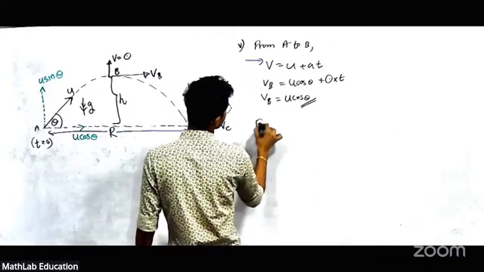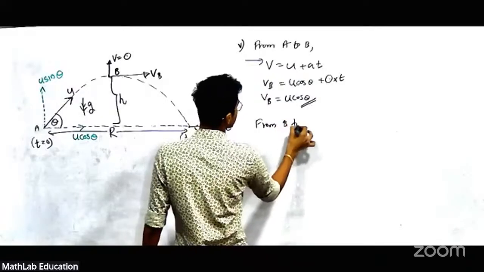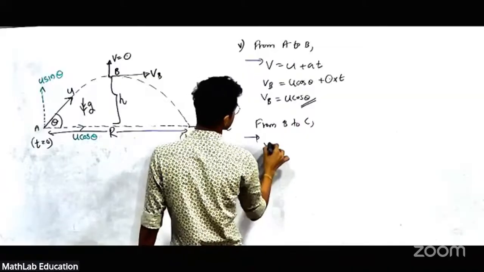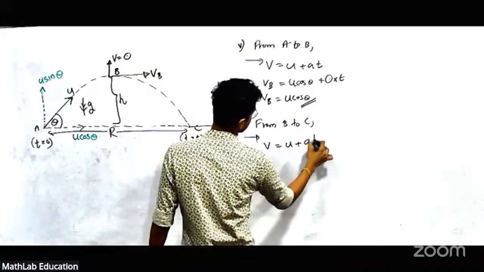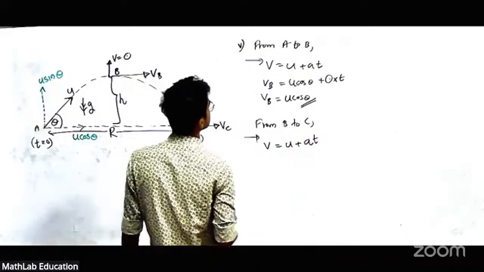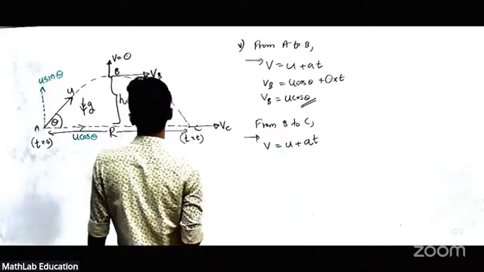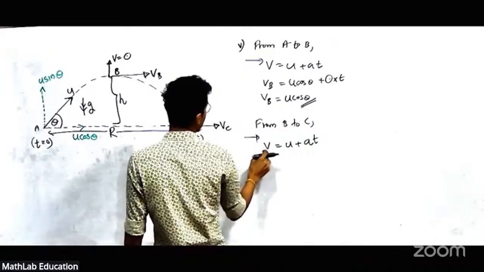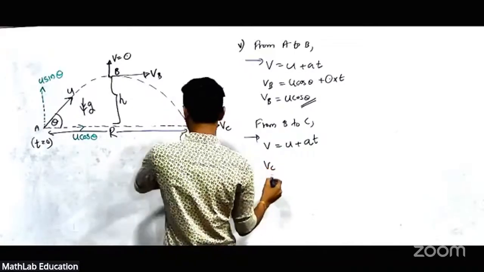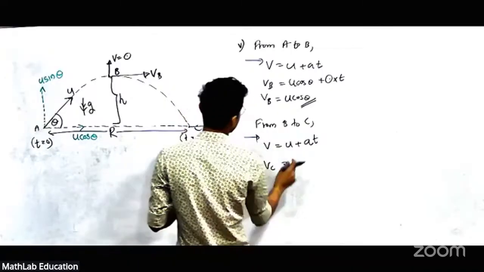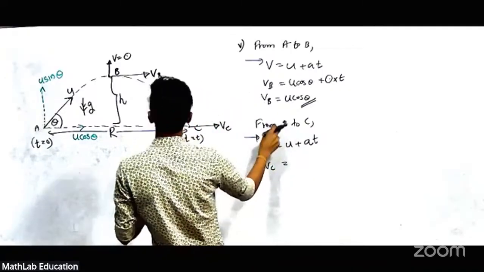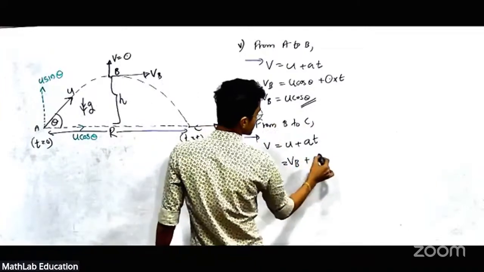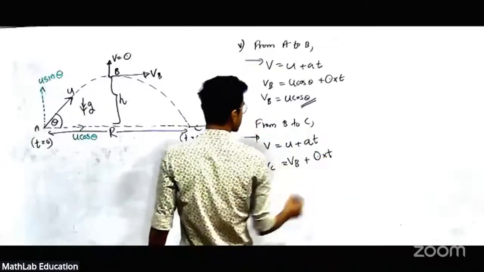Now I'll be using B to C. V equals U plus AD from B to C. At C, the final velocity is VC, and the initial velocity is at B horizontally, that is VB, plus G, which is still perpendicular, so it is neglected.